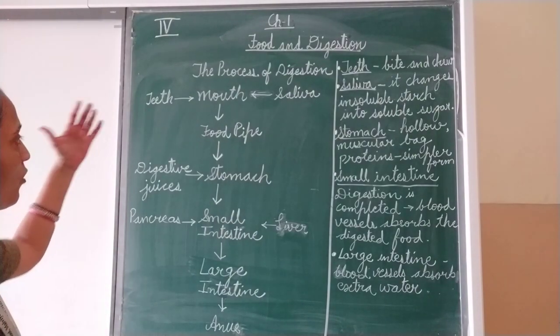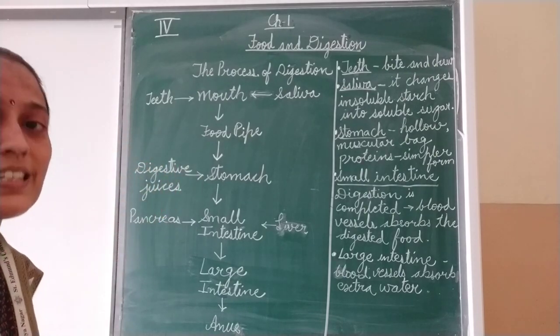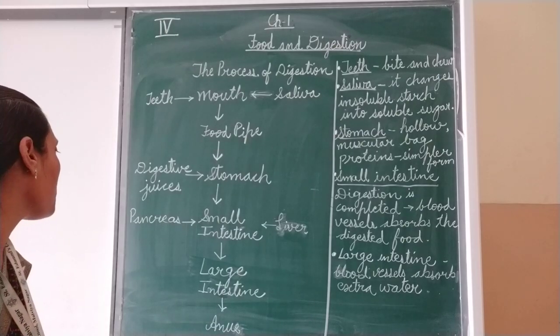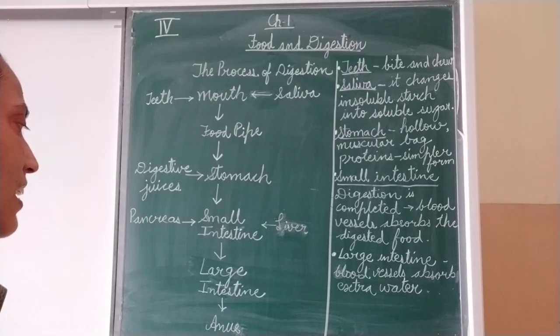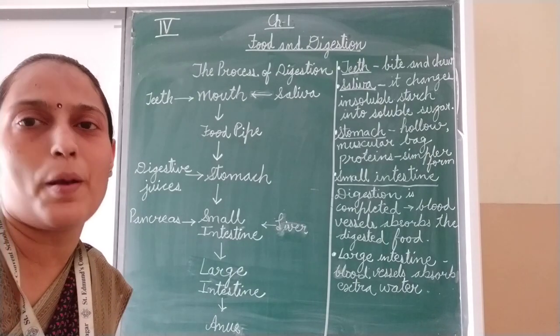Then the food is passed through the food pipe and pushed into the stomach. And from the stomach, it is pushed down to the small intestine, then to the large intestine, and finally it gets out of the body through the anus. So let us discuss what happens in our digestive system one by one.